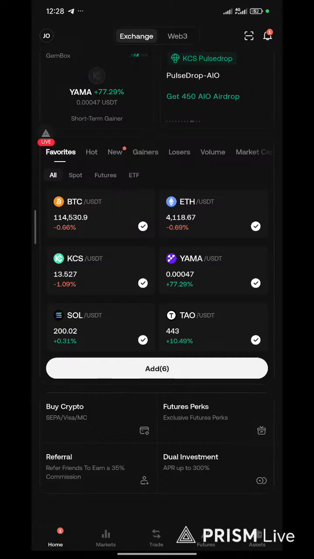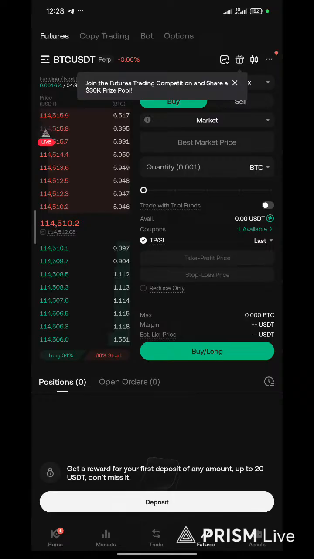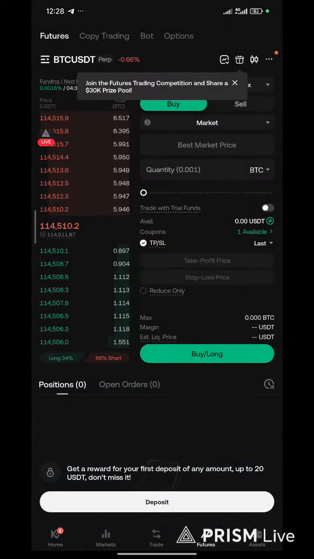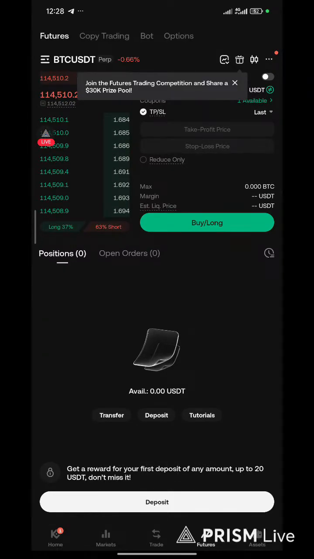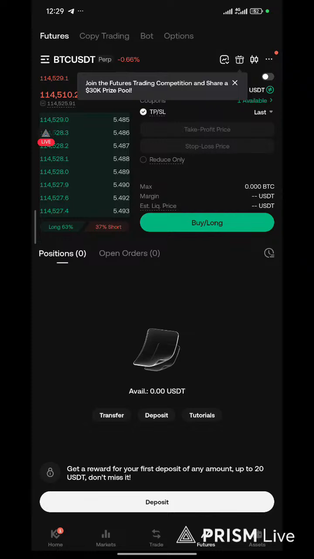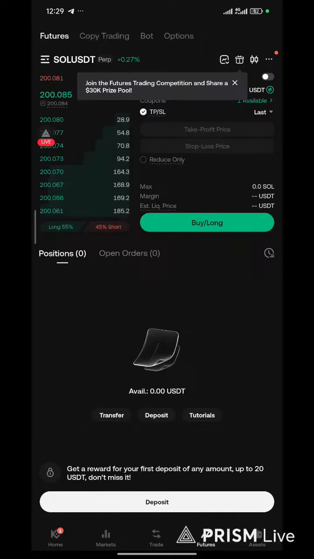We can check it here using Solana as an example. When you come here, you click.